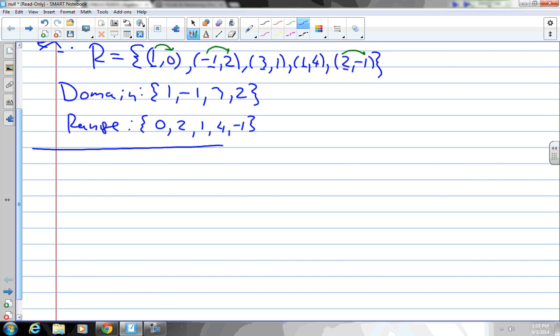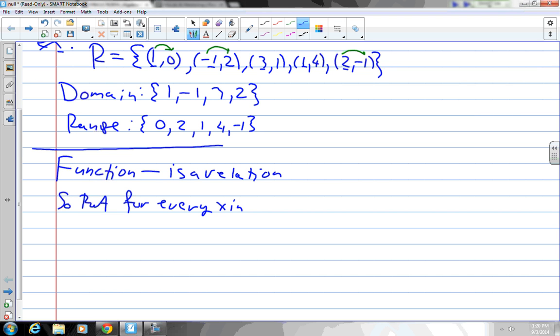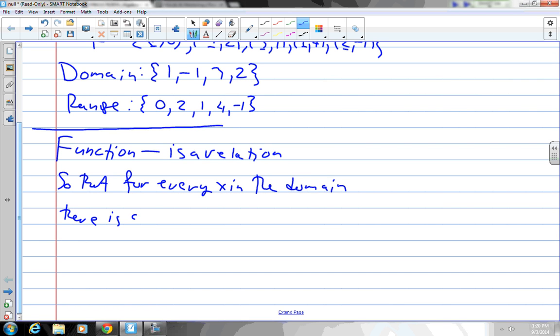Now a function is a relation so that for every x in the domain there is a unique y in the range.